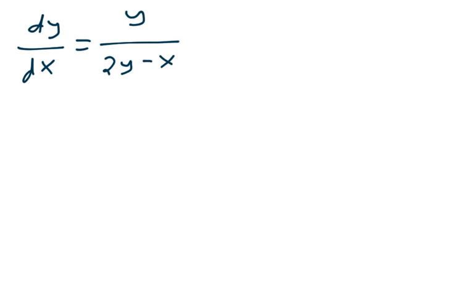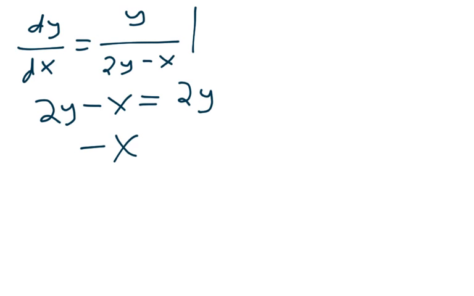We multiply this side by 2, and the other side by 2y minus x, which gets us 2y minus x equals 2y. From there, all we got to do is solve for x. The 2y's are going to cancel out, leaving us with negative x equals 0, meaning x is going to equal 0.